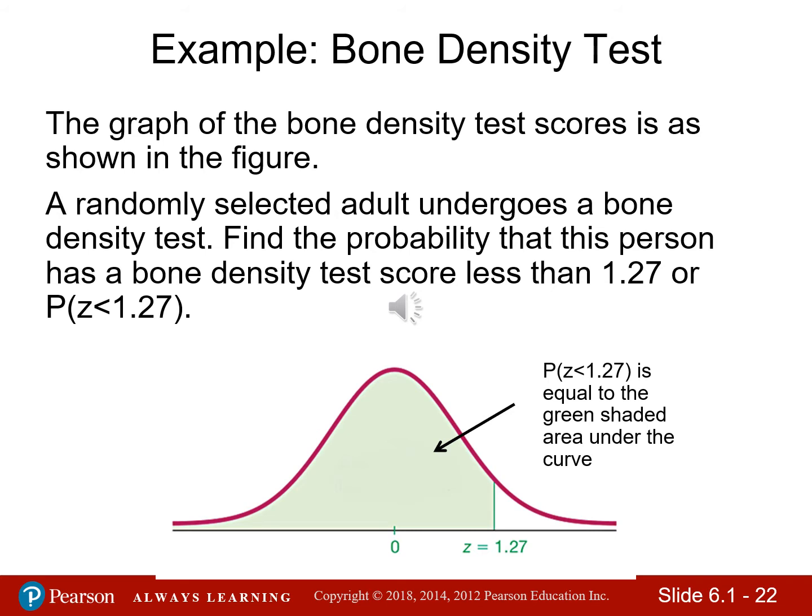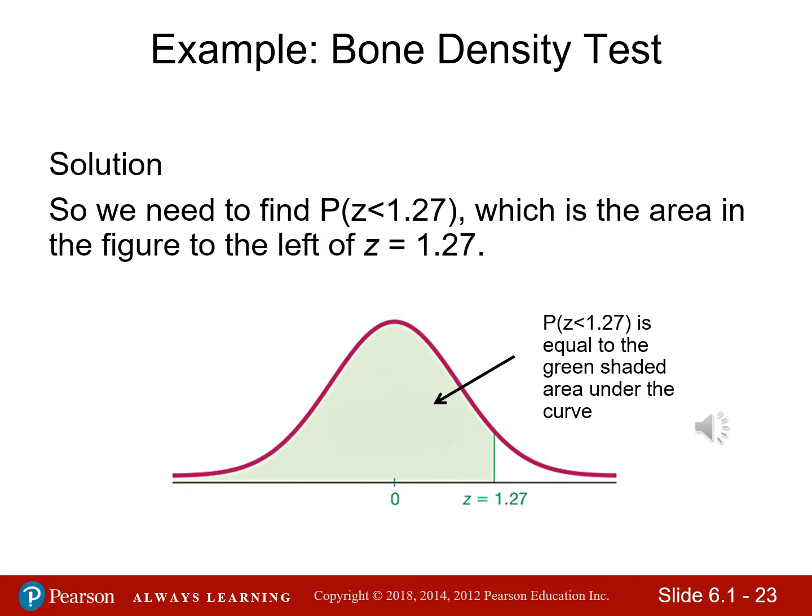Note that the probability that Z is less than 1.27 is equal to the green shaded area under the curve, to the left of Z equals 1.27.